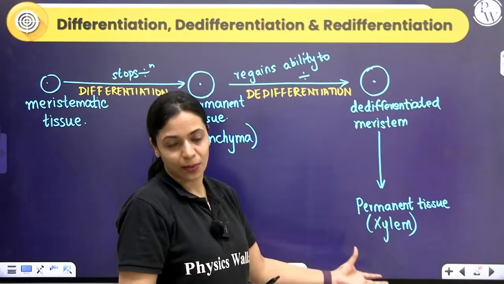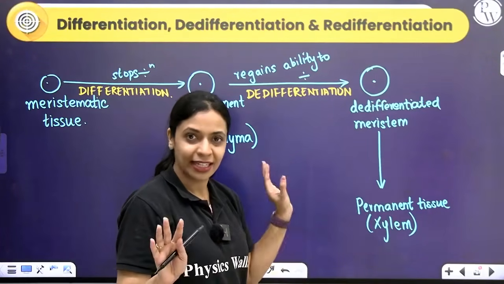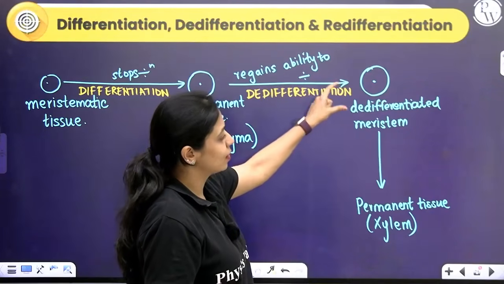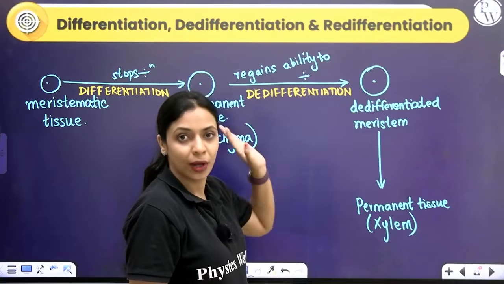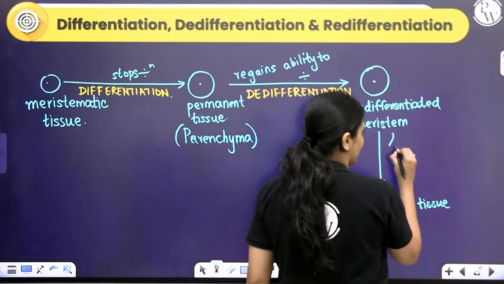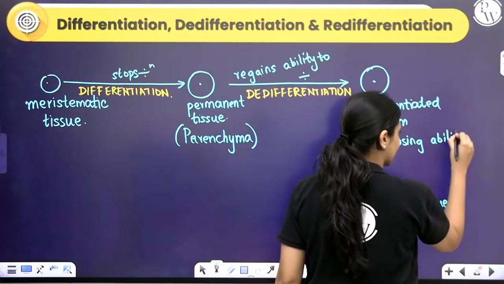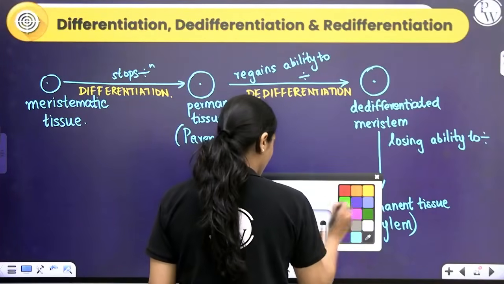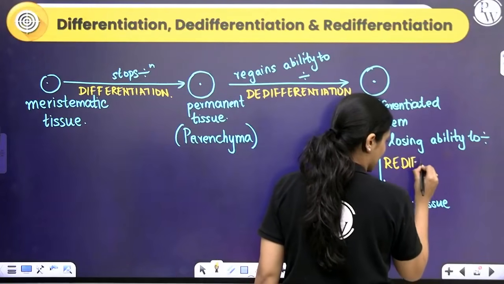It could become something new or it might differentiate to become parenchyma again. Anything can happen. So this de-differentiated meristem becoming permanent again by losing the ability to divide, this process is called redifferentiation.